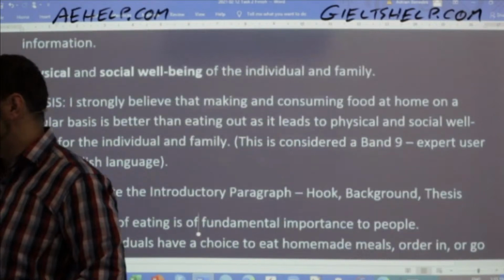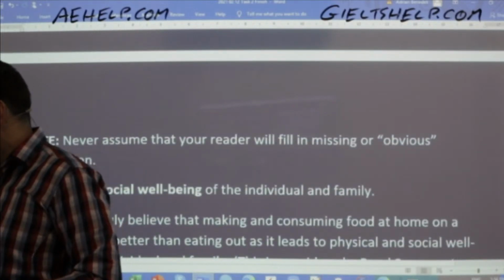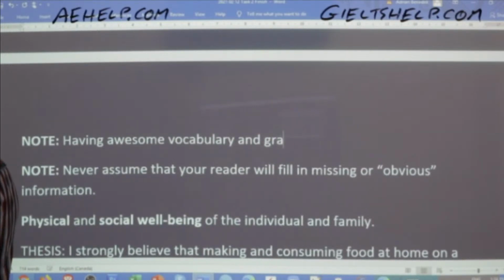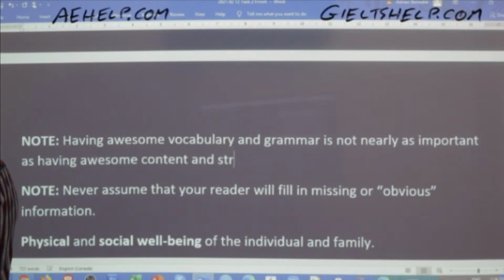So I think this is a really important point to emphasize for everyone, is that having awesome vocabulary and grammar is not nearly as important as having awesome content and structure.